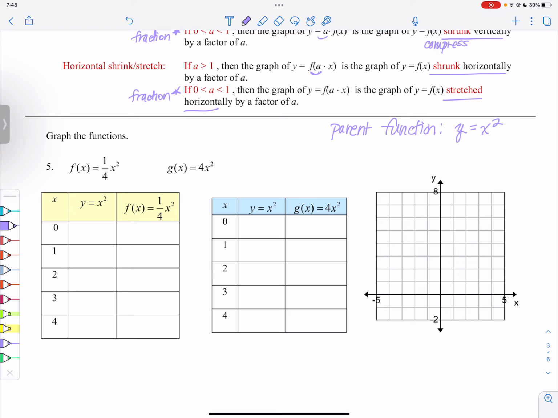We can go ahead and just get that parent function 1, 2, 3, 4 on the graph. And 3, 9 would be on there, but I think the graph just goes to 8. But I can go ahead and put those points on there. So it looks something like that, y equals x squared, okay?